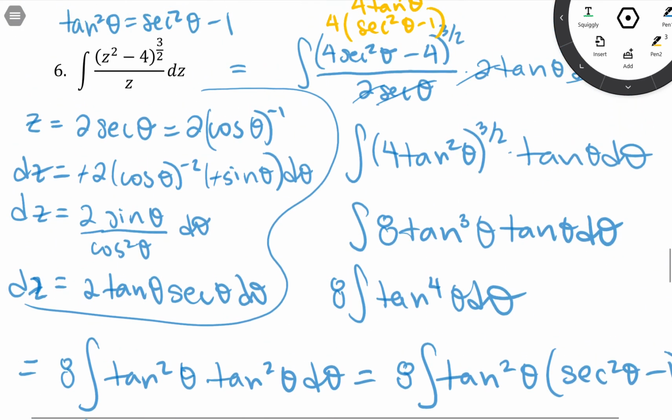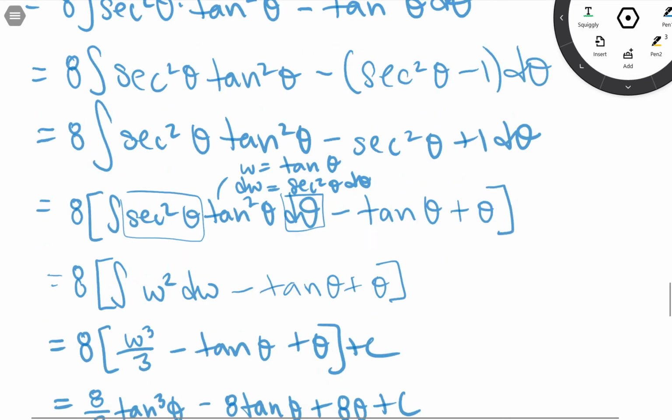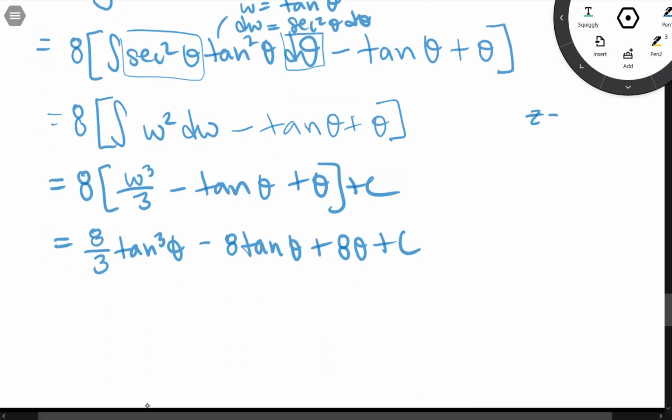We started with, oh my gosh, it's a long ways back. We started with z, and I know that z is equal to 2 secant theta. So down here, if I know that z is 2 secant theta, then z over 2 is equal to secant theta.